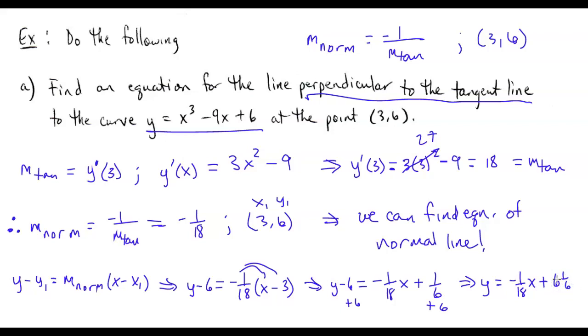And of course, 6 and 1/6 as an improper fraction will just be 37/6, because 6 times 6 is 36 plus 1 is 37. So here this will just be 37/6. And so this would be the actual equation of the normal line that we are looking for.